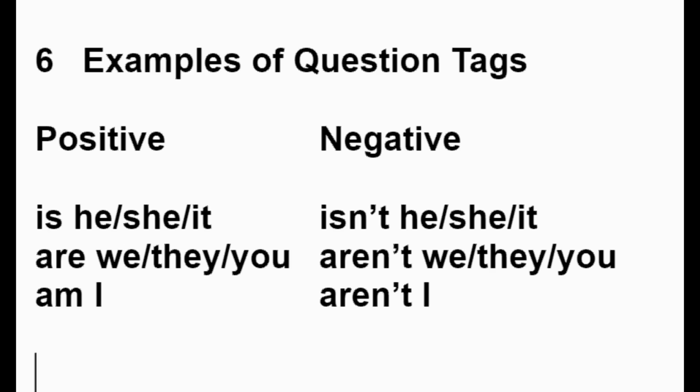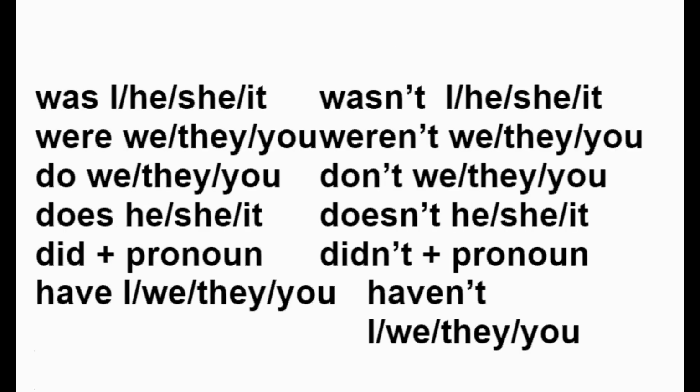Am I, aren't I? Was I, was he, was she, was it? Wasn't I, wasn't he, wasn't she, wasn't it? Were we, were they, were you? Weren't we, weren't they, weren't you?